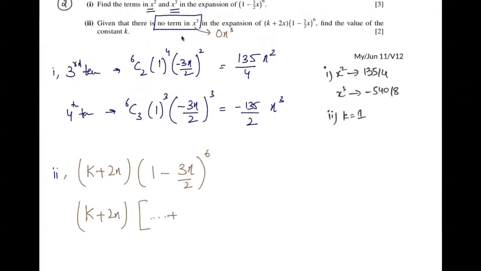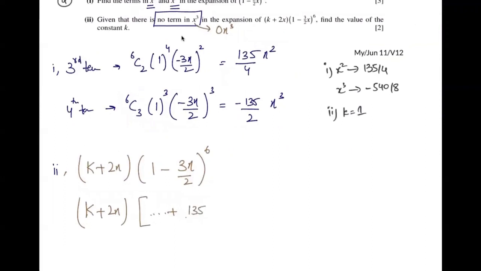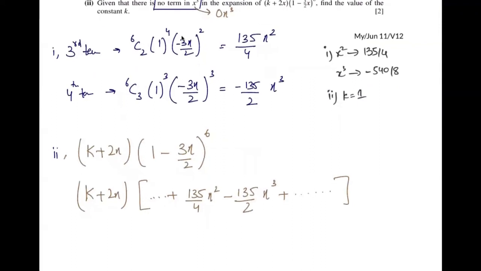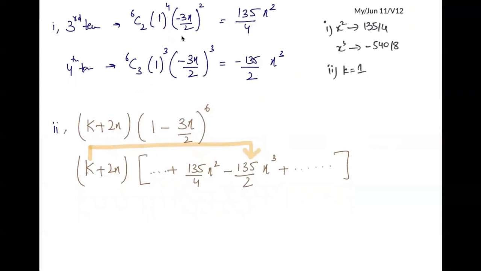You only know the term in x squared, that is 135 upon 4x squared, and the term in x cubed, minus 135 upon 2x cubed, and you don't know the rest. What should k be multiplied with to get the term in x cubed? Minus 135 upon 2x cubed. And what should 2x be multiplied with to get the term in x cubed? 135 upon 4x squared, right?